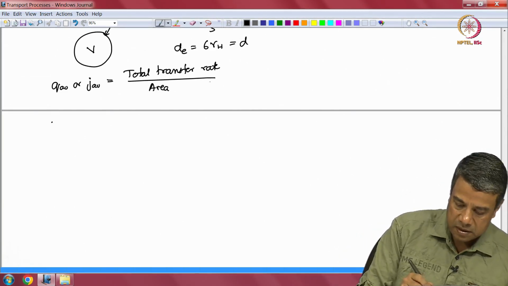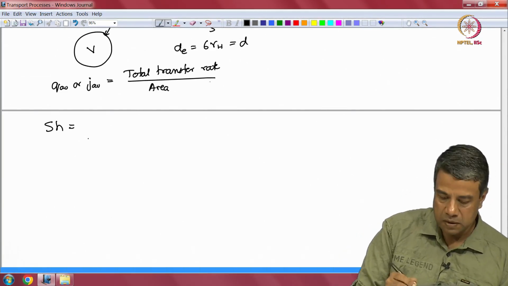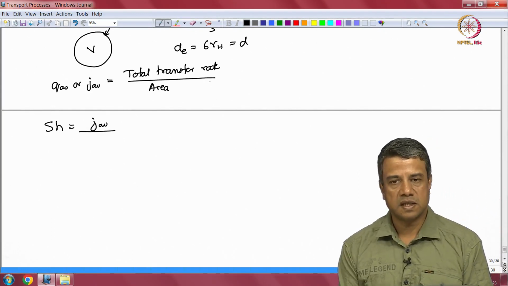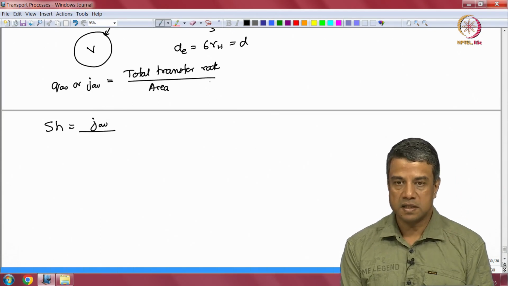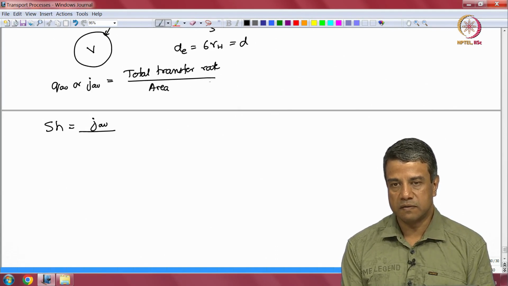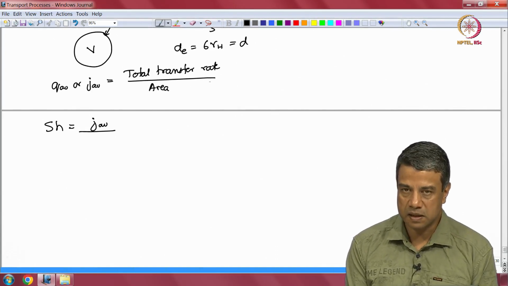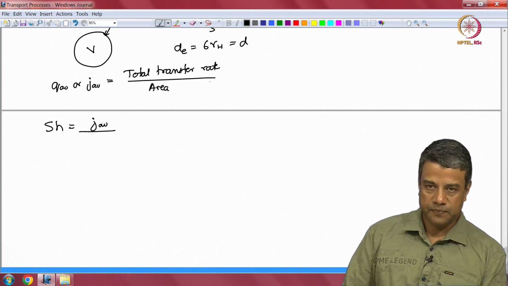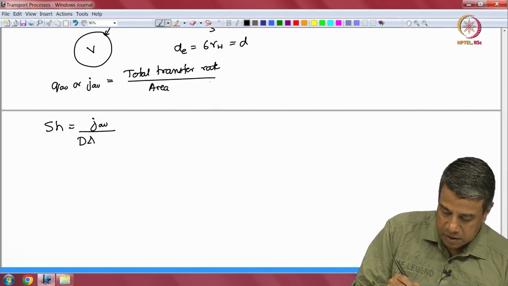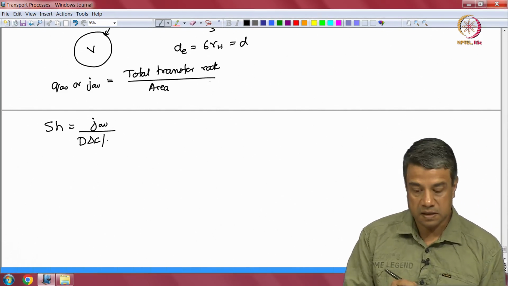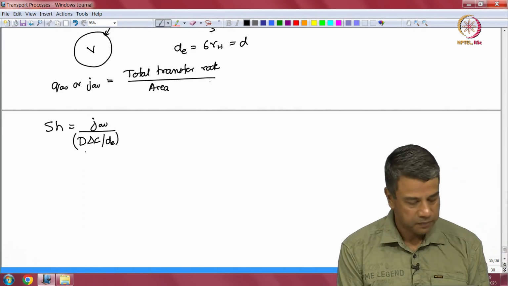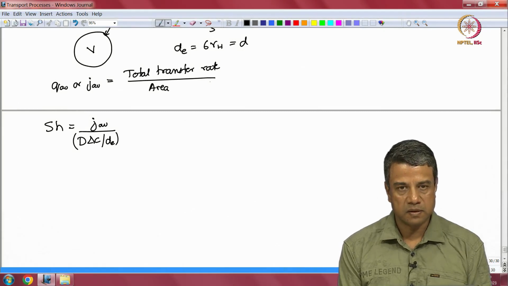The Sherwood number is equal to the average mass flux divided by a term which has the same dimension as the right side of Fick's law of diffusion. If you recall, Fick's law of diffusion on the right side is minus D delta c by delta z. Therefore, this will be D delta c by the characteristic dimension, that is the equivalent diameter. So, that is the definition of the Sherwood number.